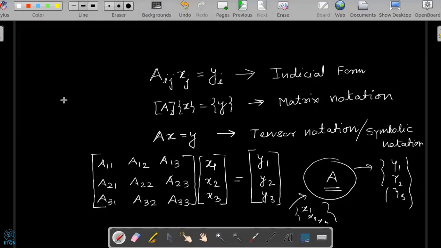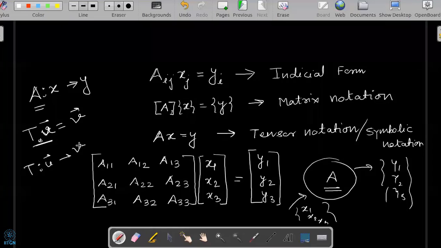If you remember your 12th standard mathematics, it is nothing but a function A mapping x to y. And we have seen that when we do Tu equal to, let's say, some other vector, we are doing the dot product of the tensor and a vector, and we get another vector. So our tensor quantity is also linearly mapping one vector to another vector.